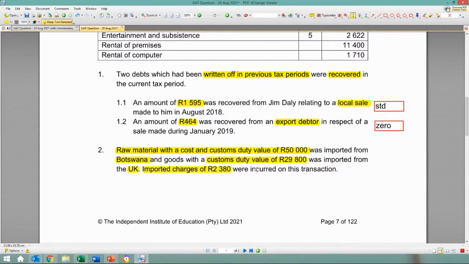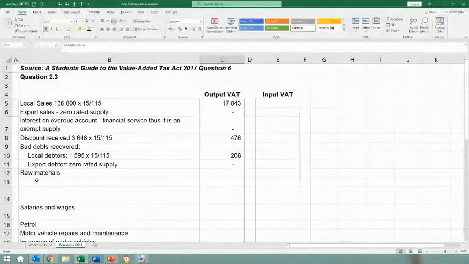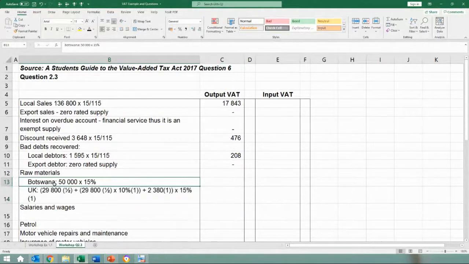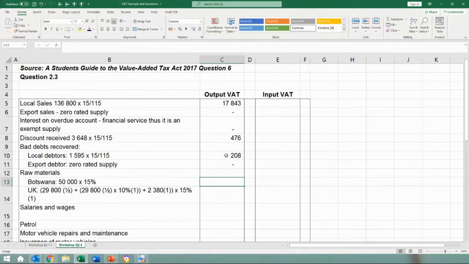For the UK, we take the custom duty value, add 10%, and then also add the import charges to work out the 15% on that. So Botswana was only 15% on the 50,000 because there were no additional import charges.